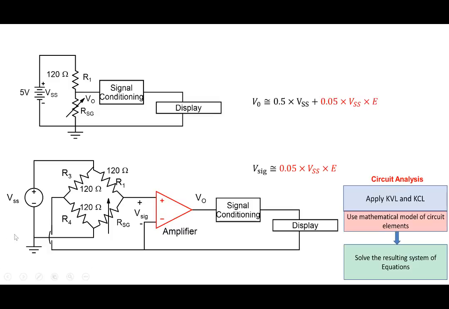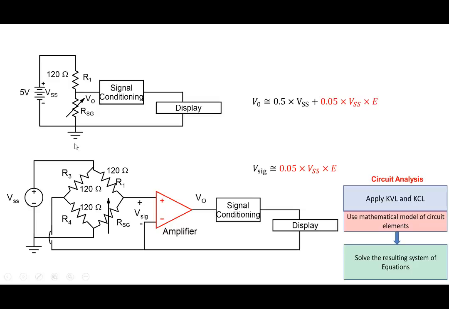So, we said now, let's say you want to analyze this particular circuit, right? We have done an approximate analysis by assuming that between these two nodes it is almost like an open circuit, but in reality it won't be an open circuit. We've connected an amplifier, so let's say we look at this part here. For the moment we ignore the signal conditioning part.